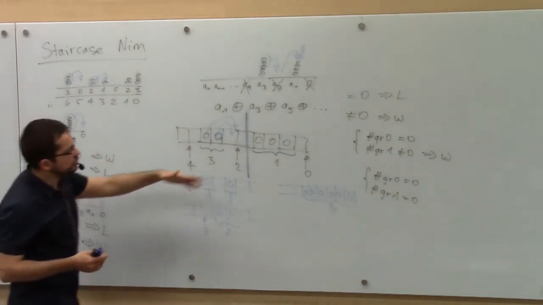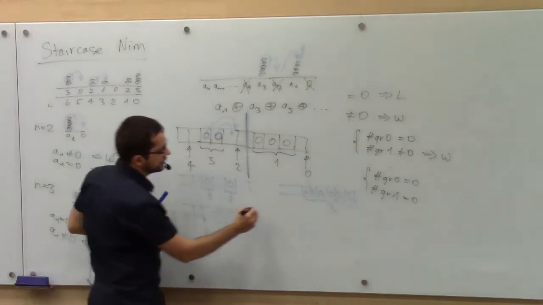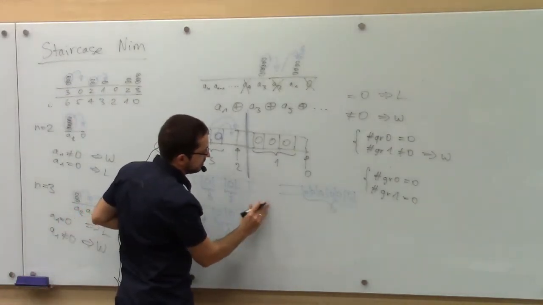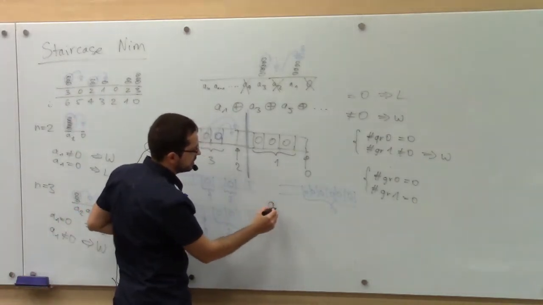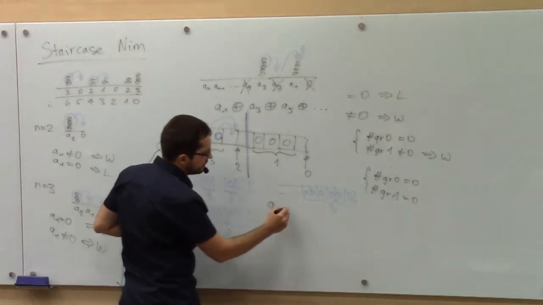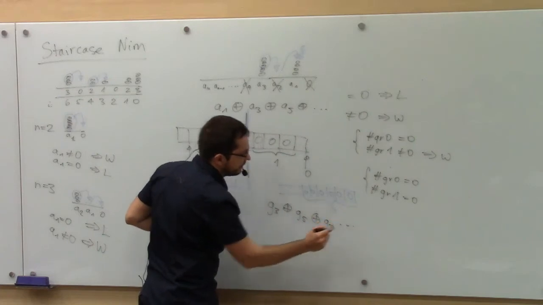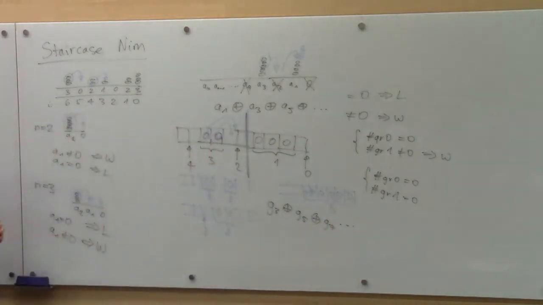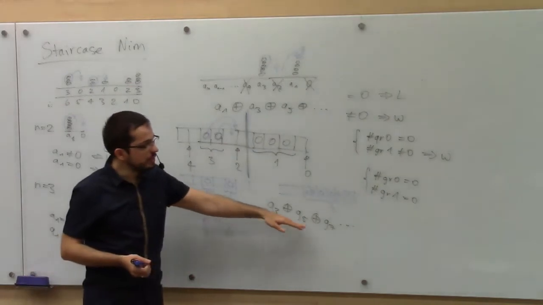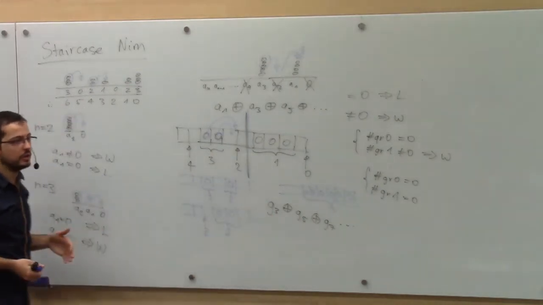So basically, ignoring group 1, we need to calculate the XOR of groups, let's say G is the number of elements in a group, so G3 XOR G5 XOR G7 and so on. And if it's 0, we have a losing strategy, so we don't have any winning move. And if it's non-zero, then we have some winning moves.